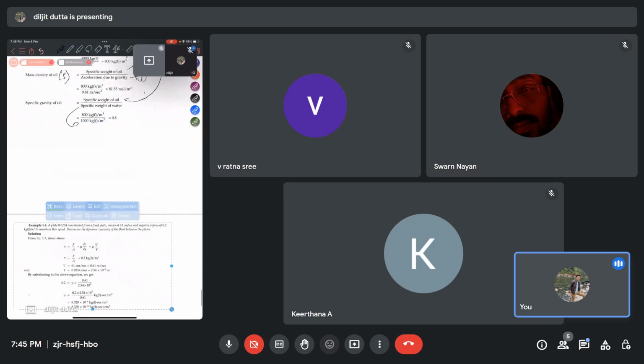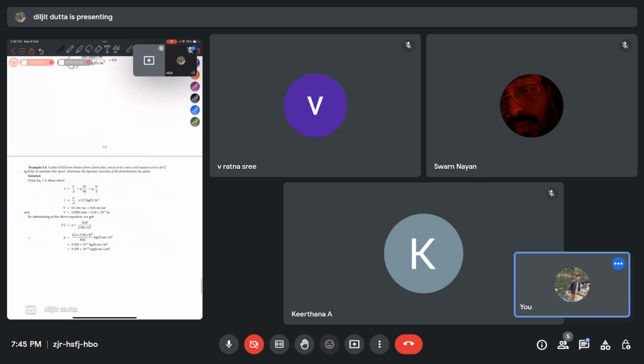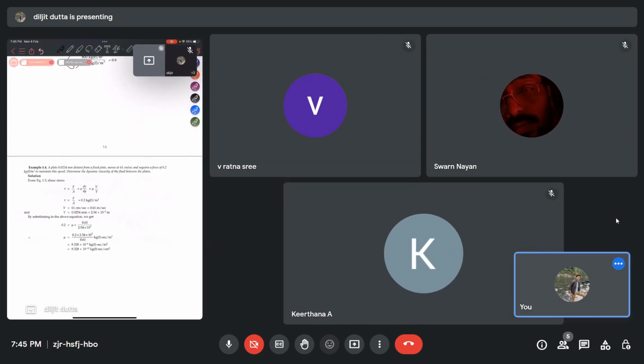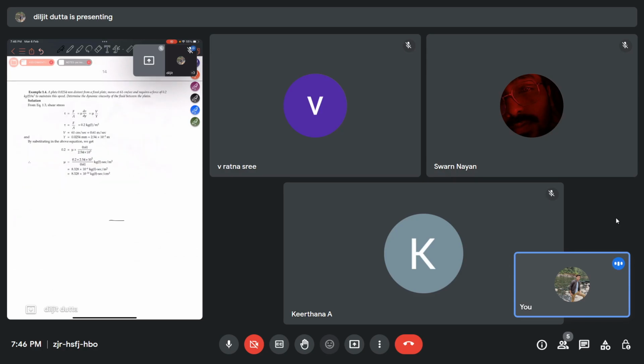Okay, this is the last question I am solving before moving on. Suppose a plate at 0.0254 millimeter distance from a fixed plate moves at 61 centimeter per second and requires a force of 0.2 kgf per meter square to maintain this speed. Determine the dynamic viscosity of the fluid between the plates. So let us first draw the diagram.